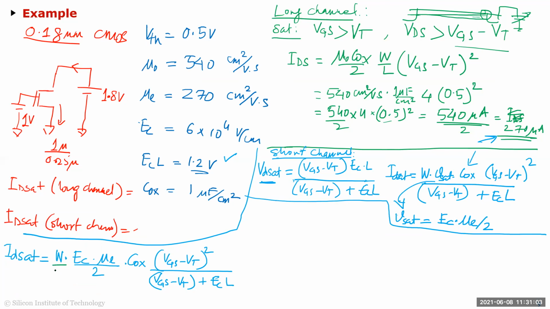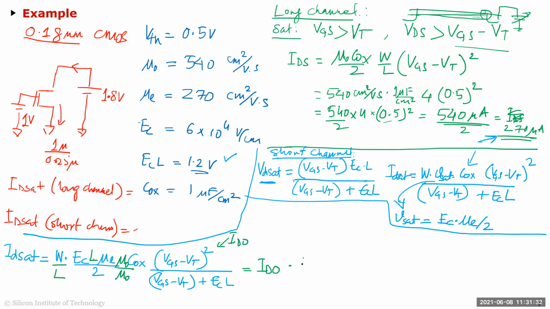I'm going to divide by L and multiply by L, so I got W over L. Now I want mu naught, so I'll multiply by mu naught and divide by mu naught. So you can see I have W over L mu naught Cox times VGS minus VT square, which I'll call ID0. Then I can write this term as ID0, and see what I'm left with.